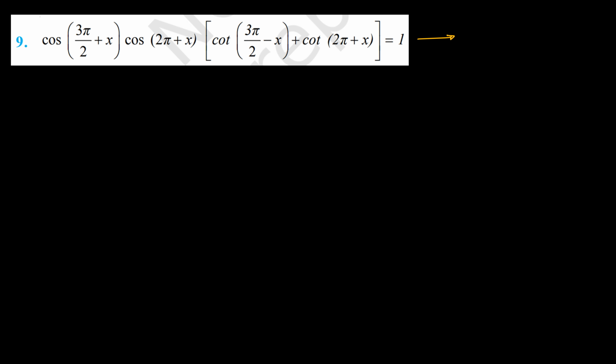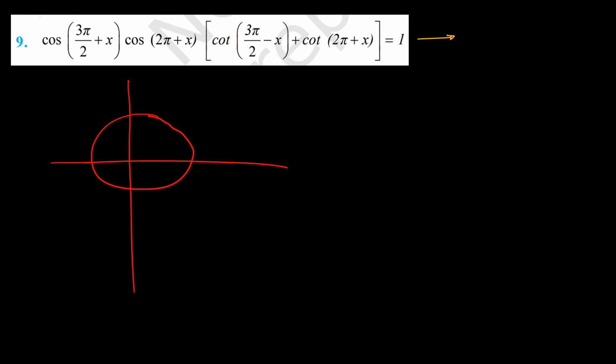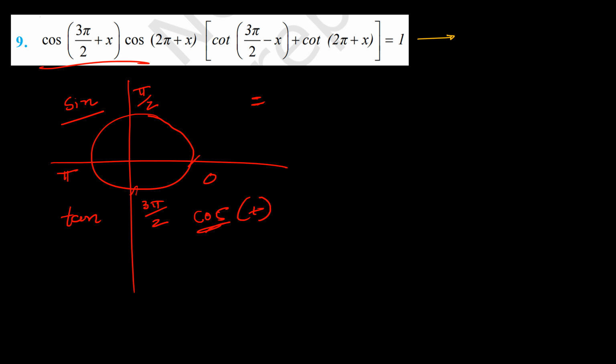Okay, before solving this, I want to clear up the basics. Here we have the trigonometric circle, with 0, pi by 2, pi, and 3 pi by 2. Let us take cos here, tan here, sin here, and likewise we put in the signs, right? Okay, cos(3 pi by 2 plus x) means cos is changed, and x is positive, so it is sin x.